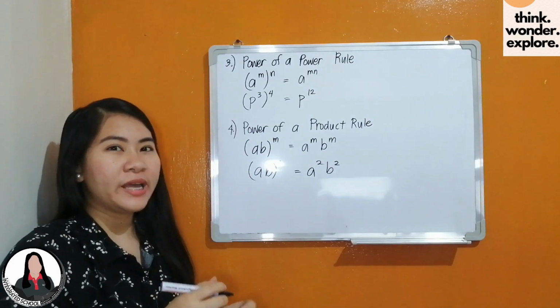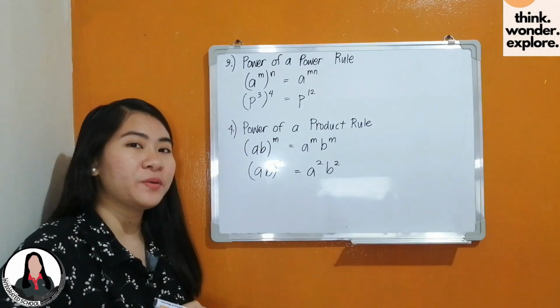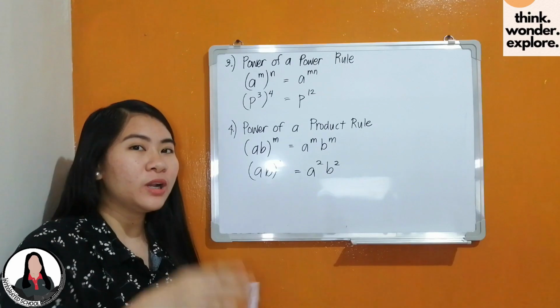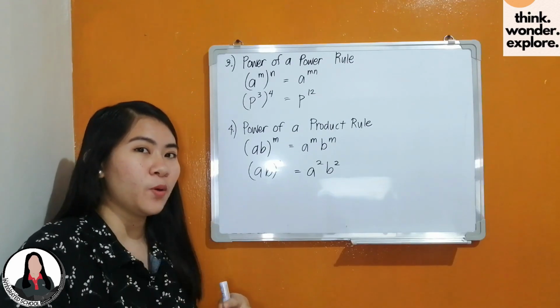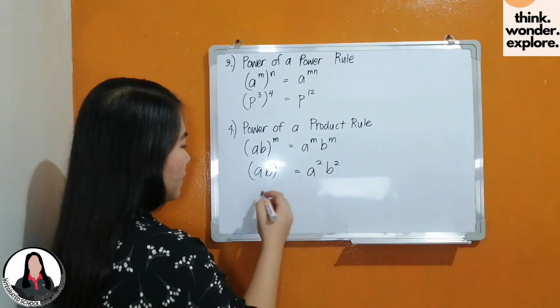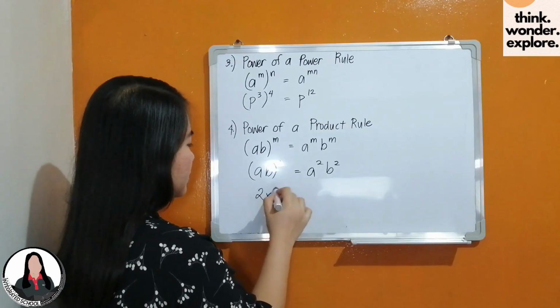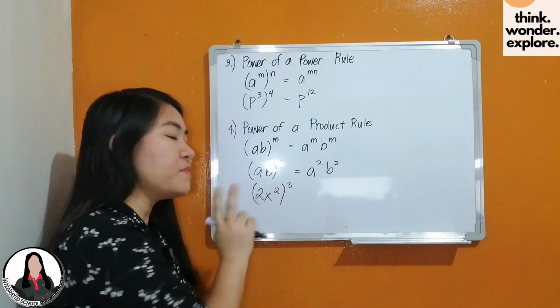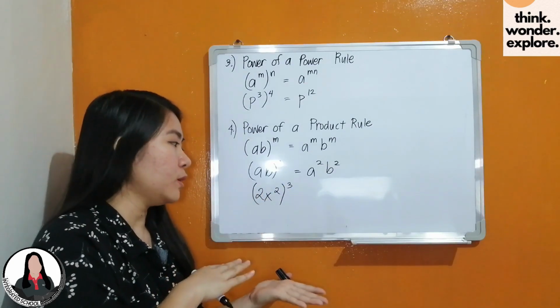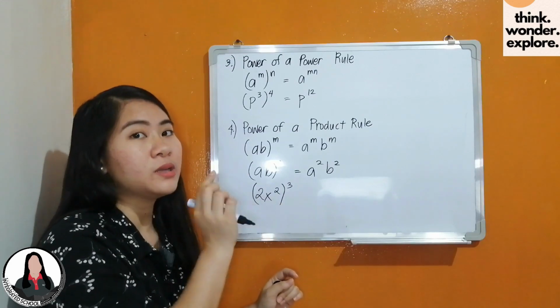However, merong mga example under ng power of a product rule kung saan meron na tayong mga factors inside the term na meron ng sariling exponent. Kagaya nito, let's have 2x squared quantity raised to 3. Merong dalawang factor sa loob ng ating term kung saan ang isa doon ay meron ng sariling exponent.